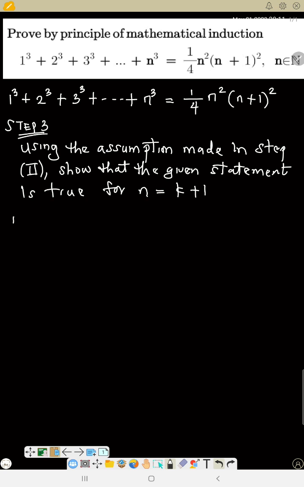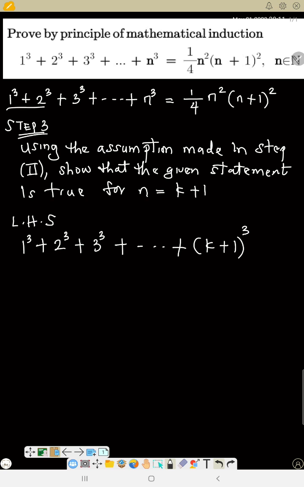So left hand side, we have 1 cube plus 2 cube plus 3 cube plus k plus 1 cube. That is, you write all this, then n is now k plus 1, so that is k plus 1 cube.